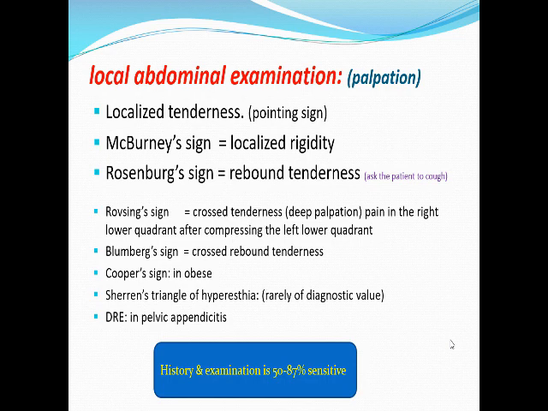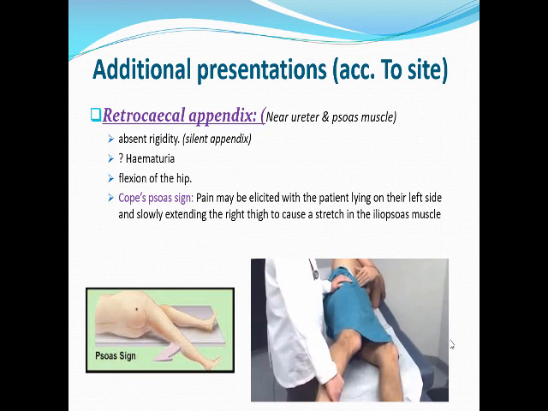As I told you before, the site of the tip of the appendix differs, and this might affect the clinical picture one way or another. The presentation changes according to the site of the tip of the appendix. If the appendix is retrocecal and the tip is over the psoas muscle near the ureter, it will affect the clinical picture like that.